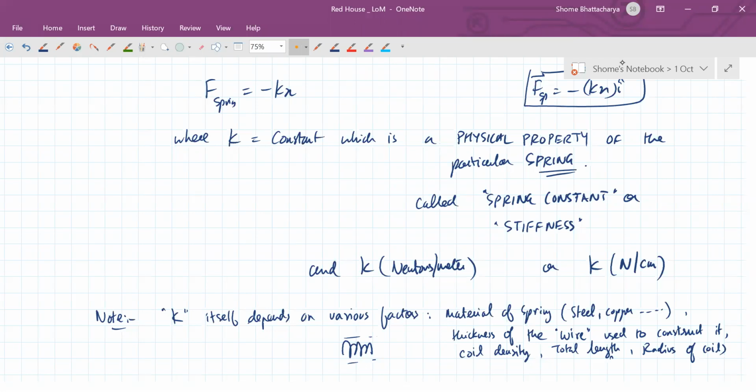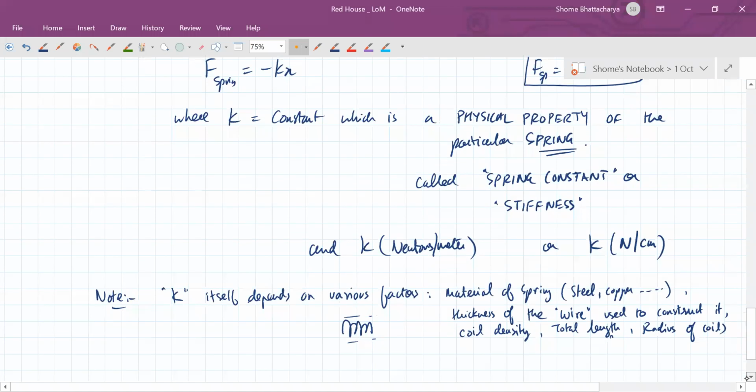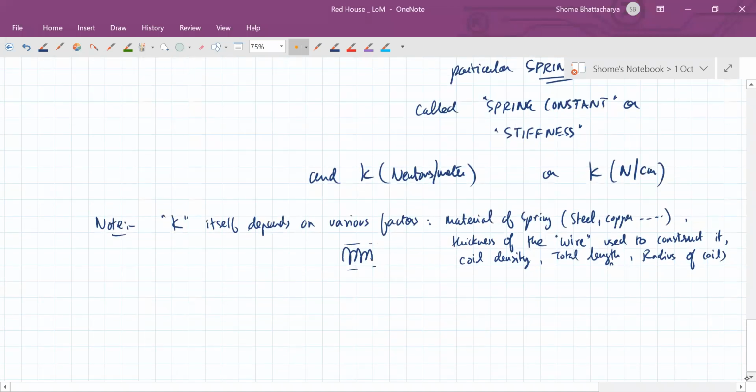We'll see that the spring constant is actually inversely proportional to the total length. We'll understand a little bit more about that in a chapter called elasticity, and something called Young's modulus of elasticity, which will come in the chapter called properties of matter.